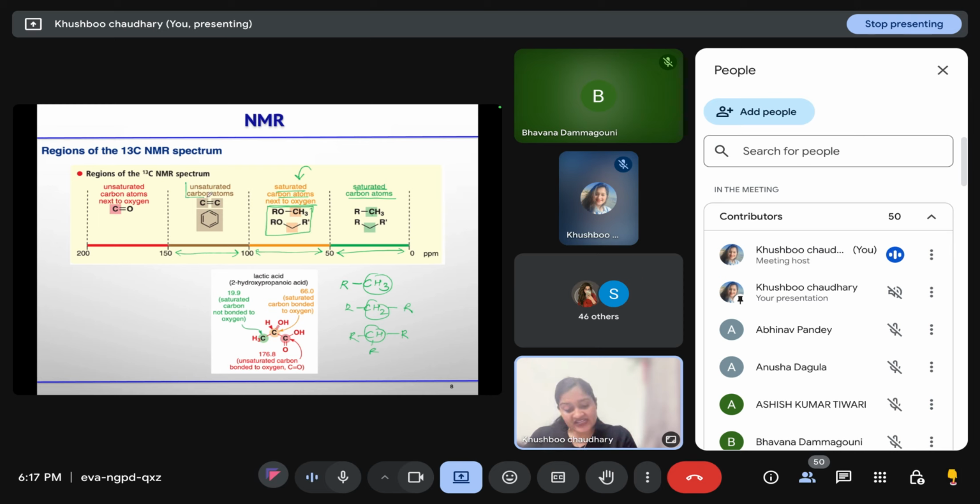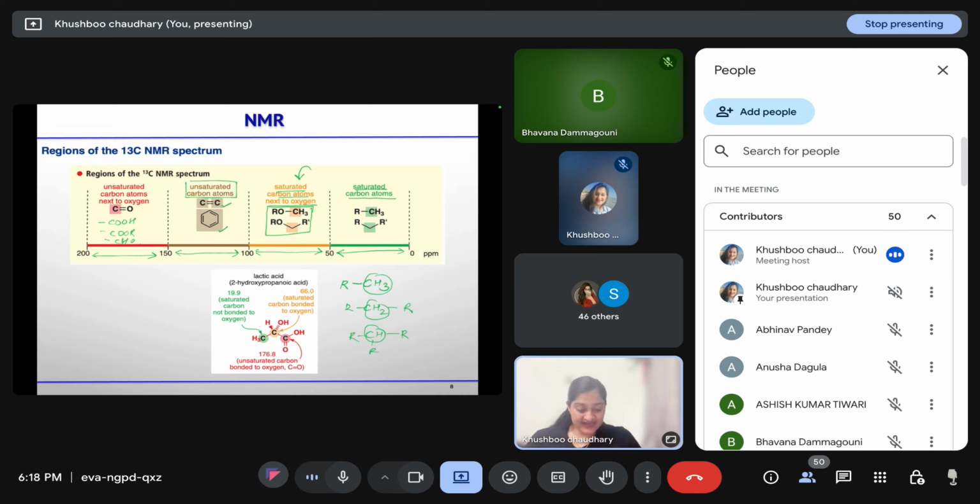This is for unsaturated carbon atoms, whether aryl, alkenic or alkyne. And the region from 150 to 200 is for unsaturated carbon atoms that are attached to oxygen. So carboxylic acid, ester, aldehyde, ketone, all those carbons will come in this region.